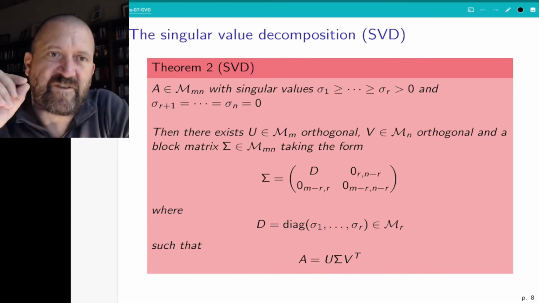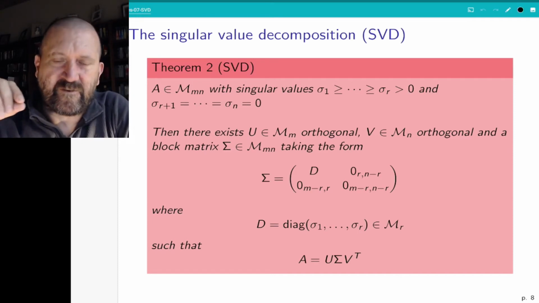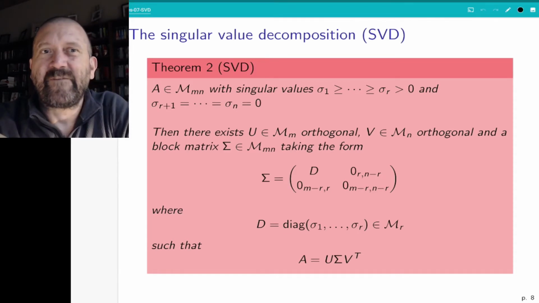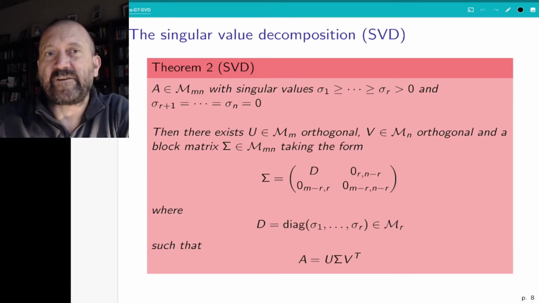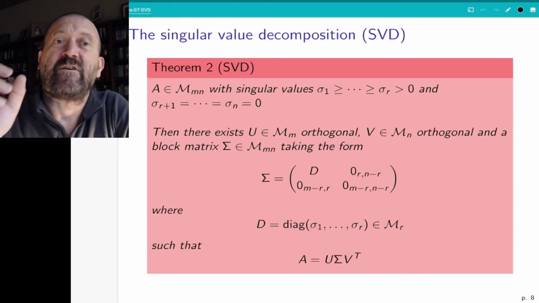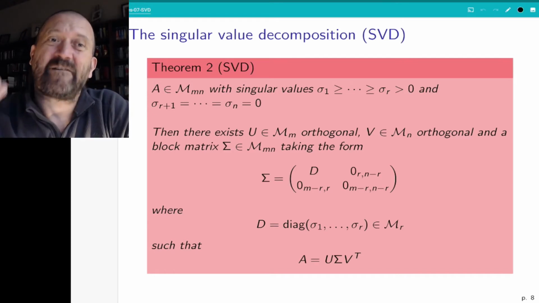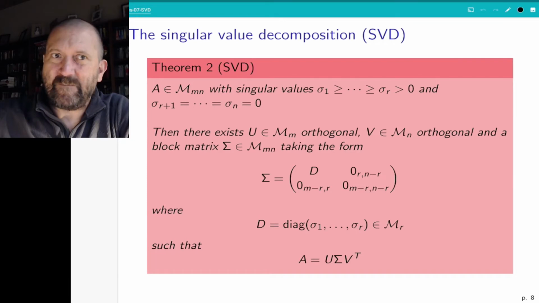Before we proceed any further, let me point out one important thing: when I'm listing these singular values, I'm listing them potentially repeated. So if, for instance, sigma 1 equals sigma 2 equals sigma 3, that means one of the corresponding eigenvalues has algebraic multiplicity higher than 1, and then I would list them several times.